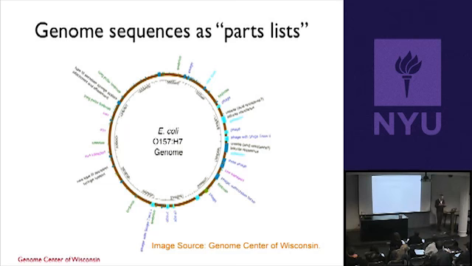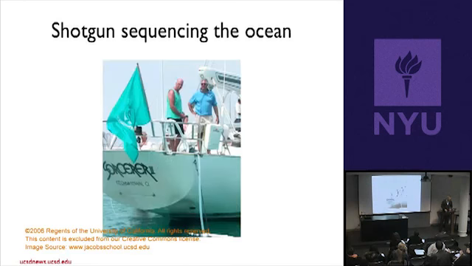So the first really great example of doing this for an environmental sample, just sampling an environment and figuring out what's living there and what those organisms are doing, comes from a study that built a special yacht called the Sorcerer II, whose mission was to sail the seas, collect ocean water, and collect all of the DNA within that ocean water, sequence it, and then figure out things about what organisms were living there, okay?